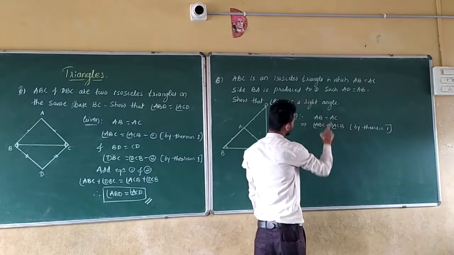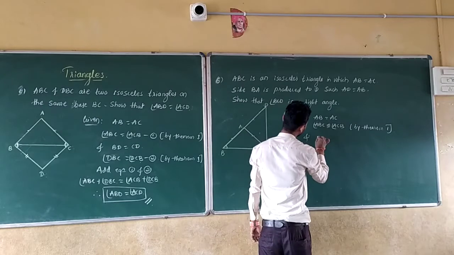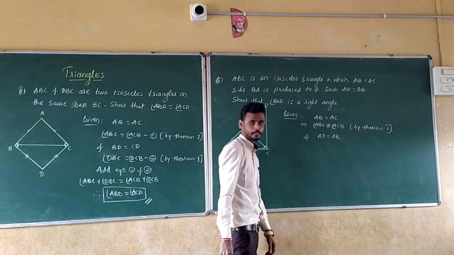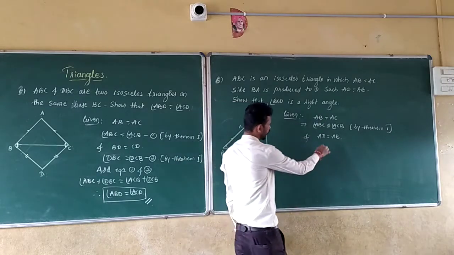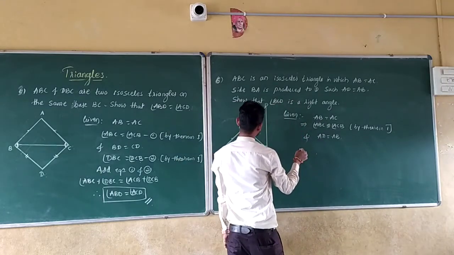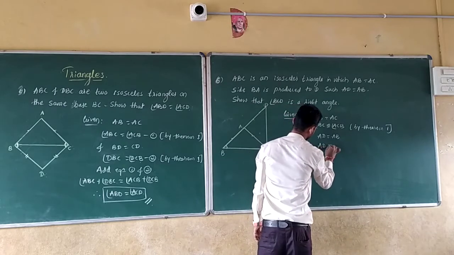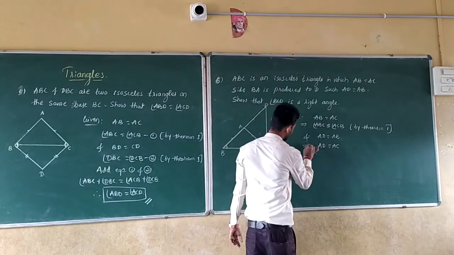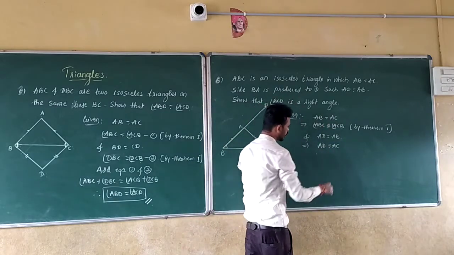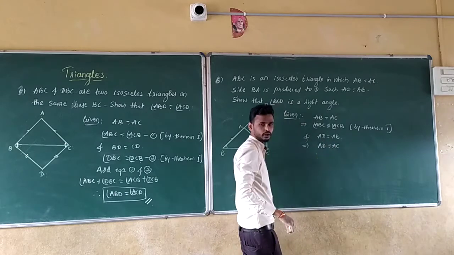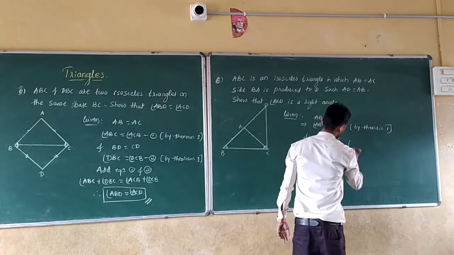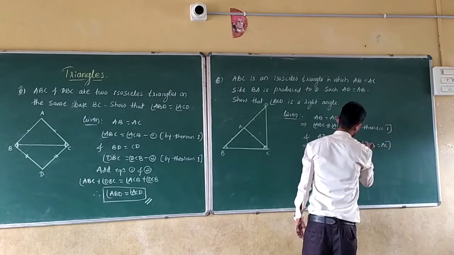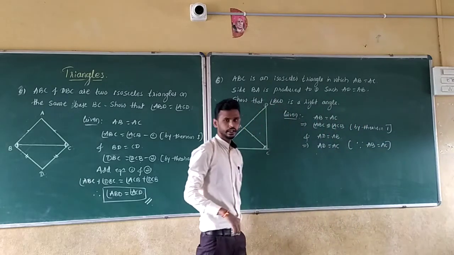Again, what are given? AD is equal to AB. So I will write this one as AD is equal to AC, because AB equals AC is there. So instead of AB, I wrote AC.